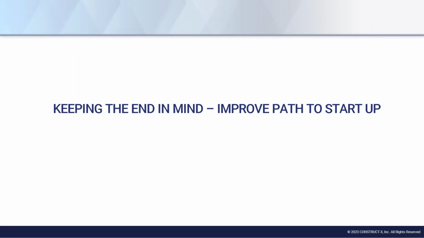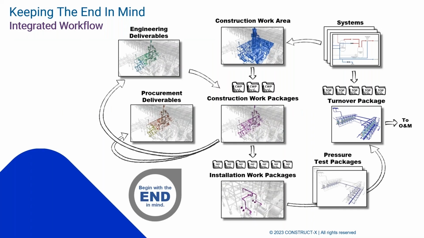So the last thing I really want to talk about here is how we take this whole concept of IWP development and release and actual execution, where the ultimate value add to the project is getting that work done, right? Keep this flow concept in mind. So we've shared this diagram many times, right?